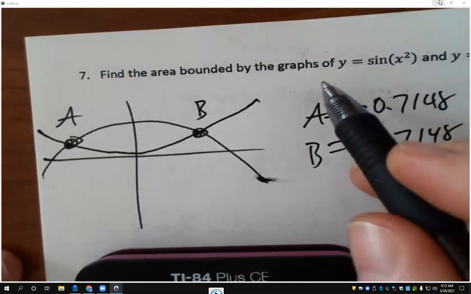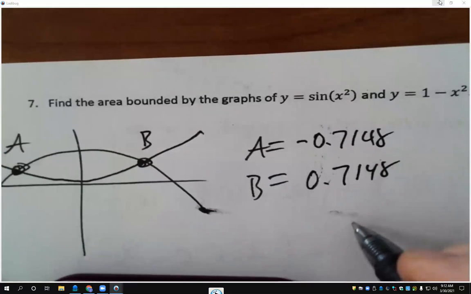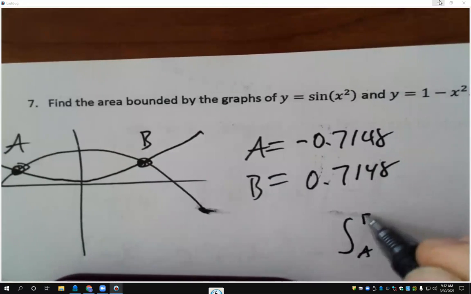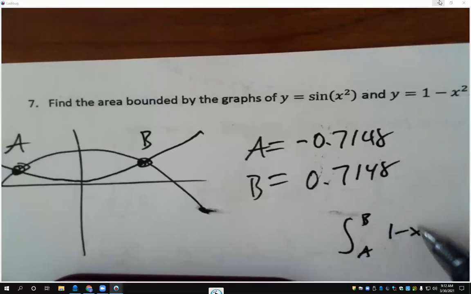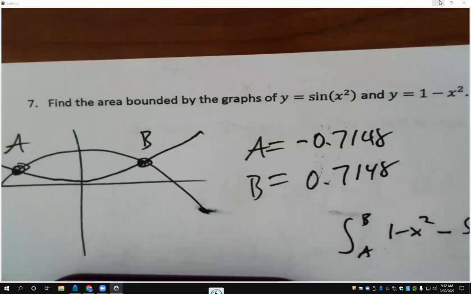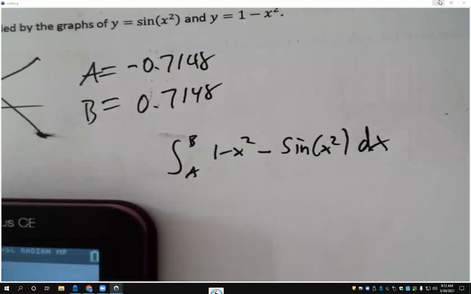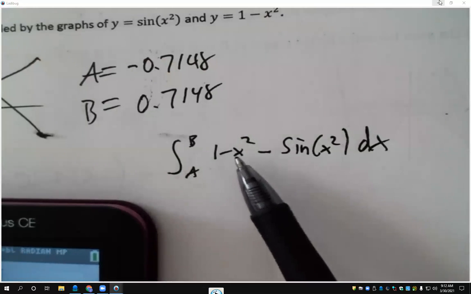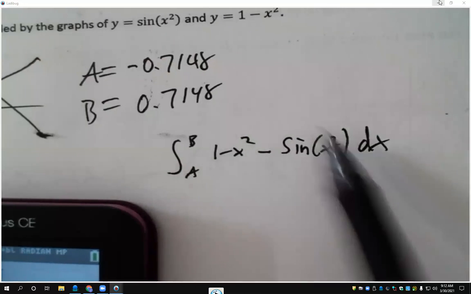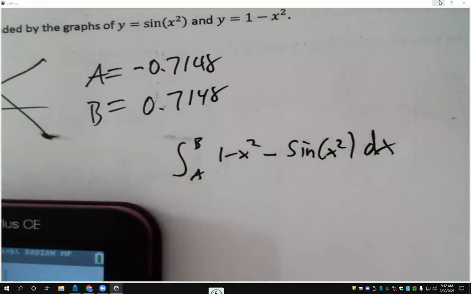Now, they didn't call it f of x and g of x, so we do have to write them out. So it's the integral from a to b of 1 minus x squared minus sine x squared dx. And then you just type in your calculator, you're going to do y2 minus y1. You wouldn't necessarily have to type this in again.